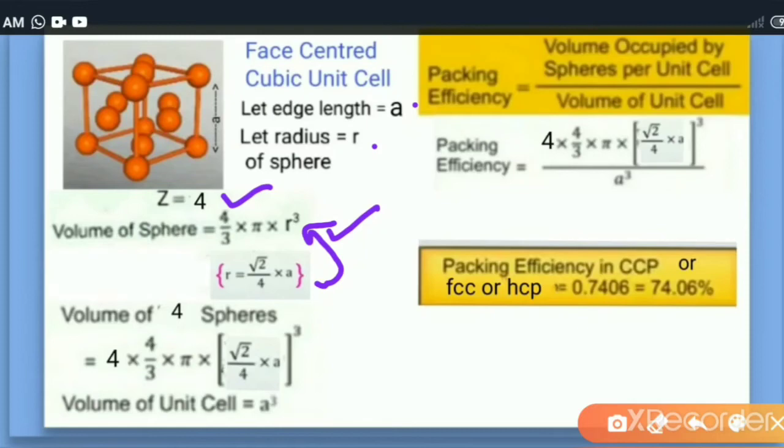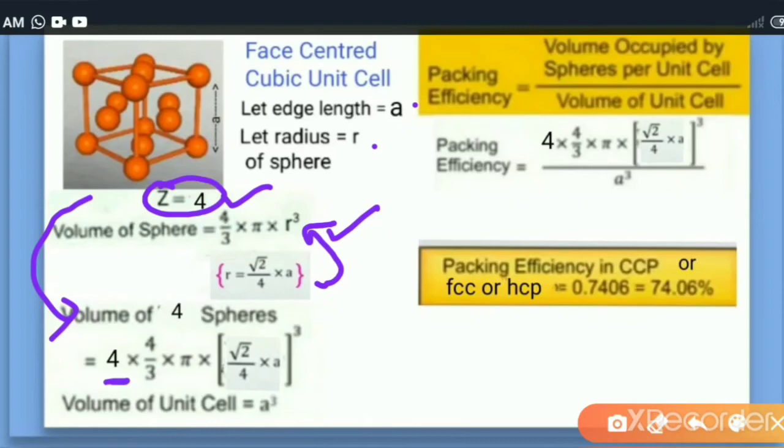Since here a total of 4 particles are there, we need to find out the volume of 4 spheres. Why are we multiplying by 4 here? Because the number of spheres is 4. The volume of one sphere is 4 by 3 pi r cube, so the volume of 4 spheres will be 4 into 4 by 3 pi r cube.